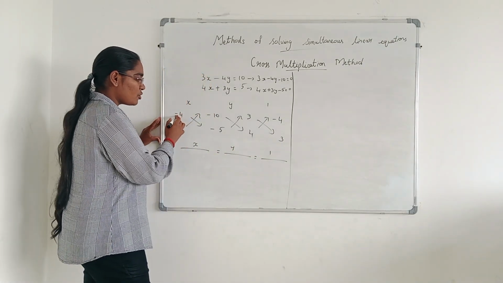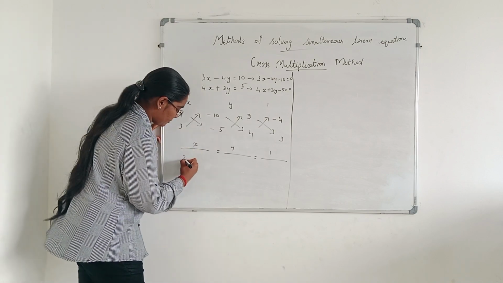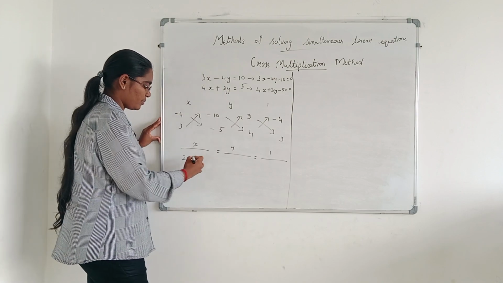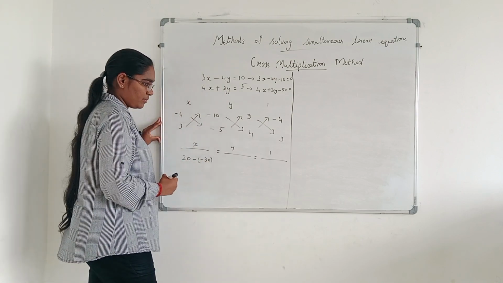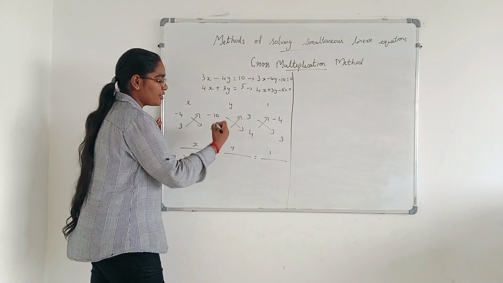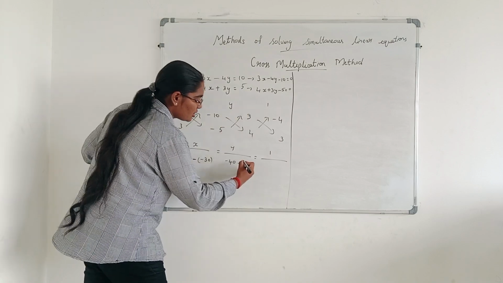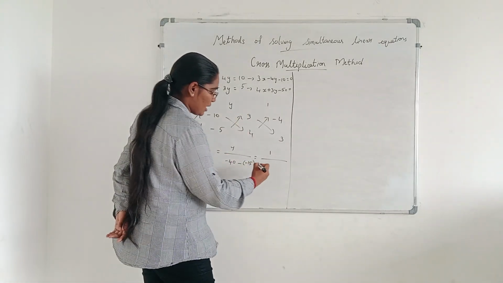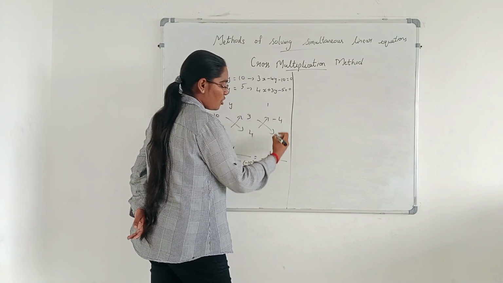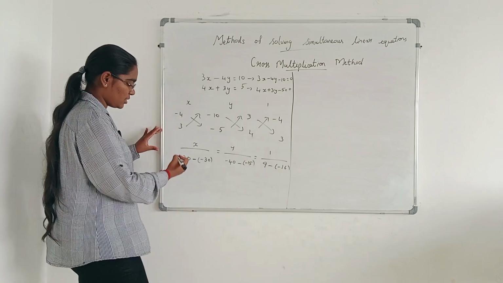Okay. So minus 4 into minus 5, what will you get? 20. Minus 3 into minus 10, minus 30. Okay. Next, minus 10 into 4, minus 40, minus 5 into 3, minus 15. Next, 3 3s are 9, minus 4 into minus 4, 16, minus 16. Am I right?